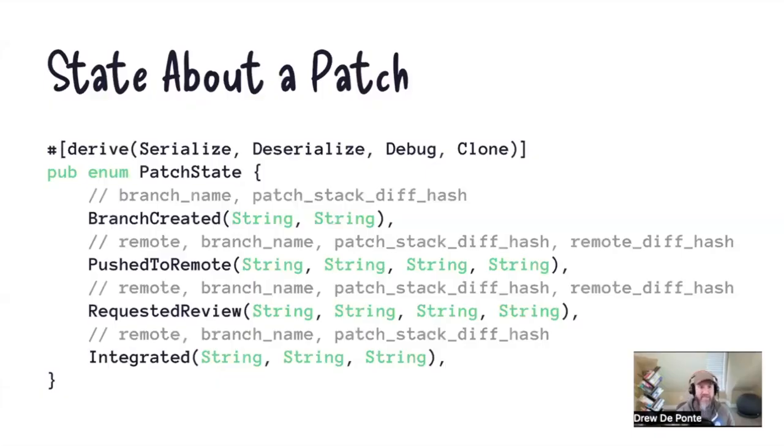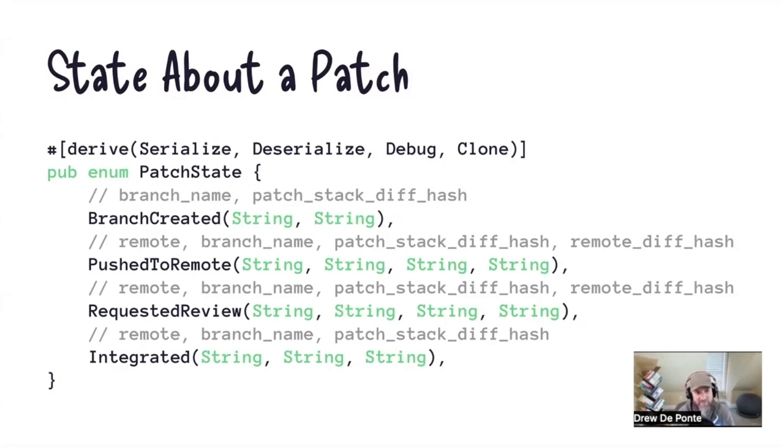We'd record things like that a patch had a branch created and associated to it, or that a patch was pushed up to a remote Git repository. And we would record what the remote was, what the branch was, some information about the diff, which is the change itself, etc. We'd also track whether it was requested for review or whether it was integrated or not.